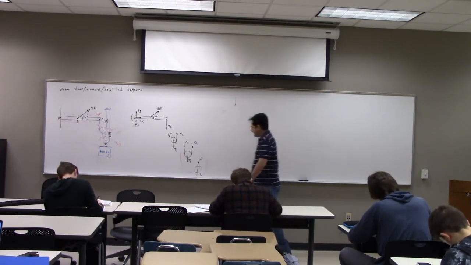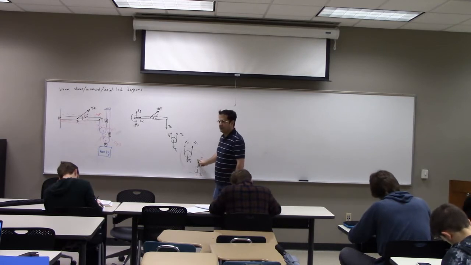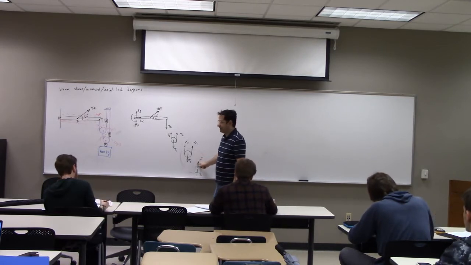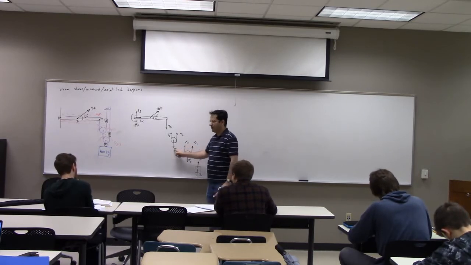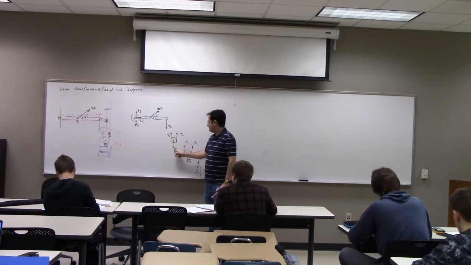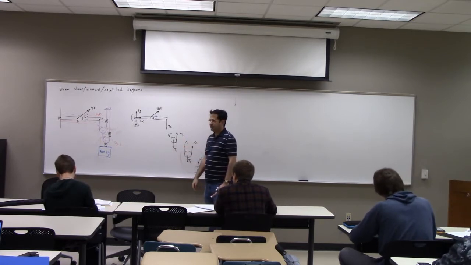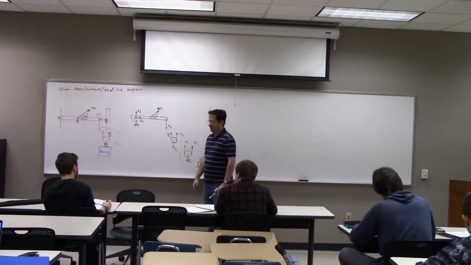If I solve that, what do I get for T0? The weight. Then what do I get for T1? Half the weight. So T1 is W/2. What do I get for T2? Half the weight, which is 1/4 of the weight.